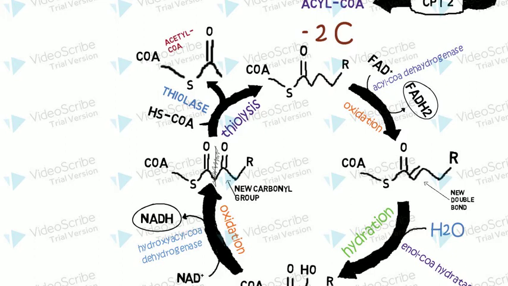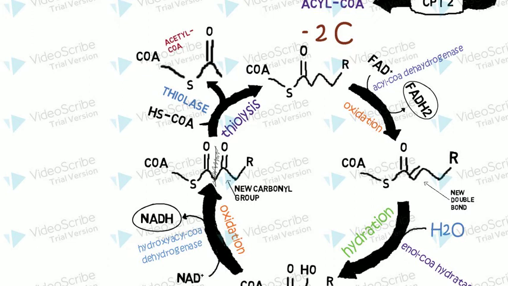Two carbons are removed from it in the form of acetyl-CoA every time it goes around the circle, until there are no carbons left, which is good unless there is an odd number of carbons in the fatty acid, or it has double bonds where you don't want them to be. To deal with this, a reductase gets rid of unwanted double bonds, and odd-numbered fatty acids are sent through this circle until they are 3 carbons long.